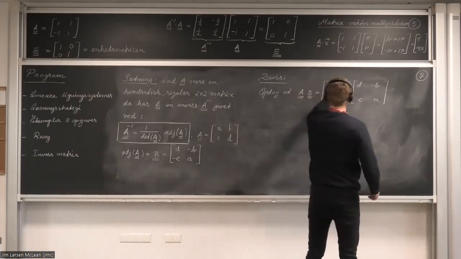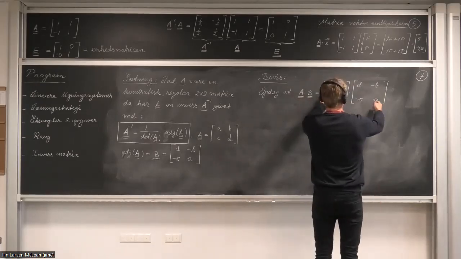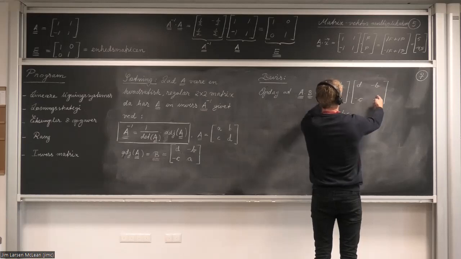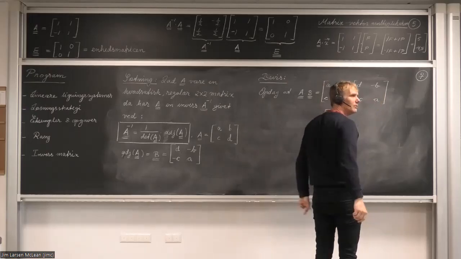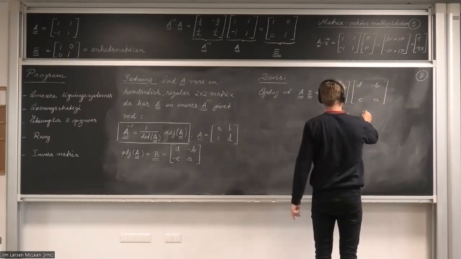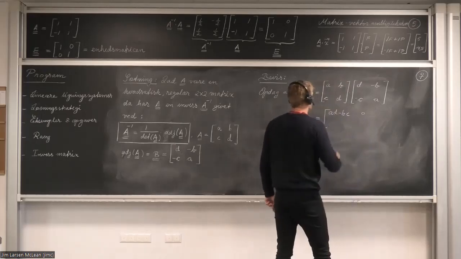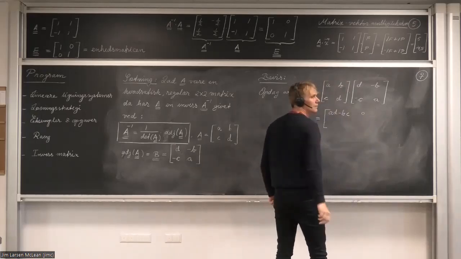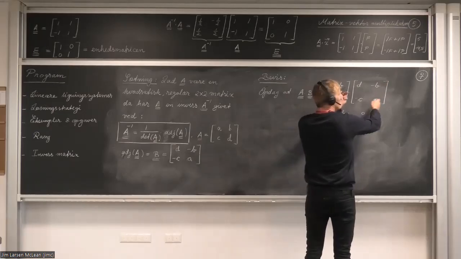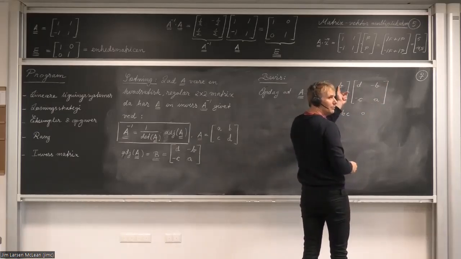Then I take the first row and the second column. That gives minus AB plus AB. That times that gives minus AB, and that times that gives plus AB. And minus AB plus AB equals 0. So here I put 0 in the first row, second column.